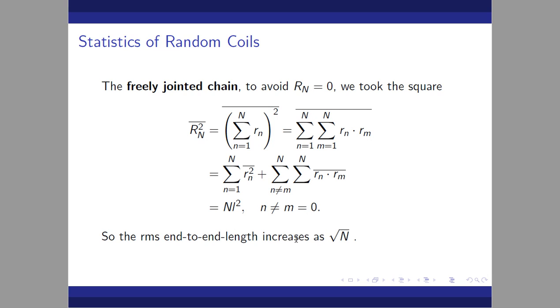Okay, so it increases as the square root of n. Okay, so we have, let's say C6. So n equal to 6, so square root of 6 equal to something. Okay, so we can estimate the end to end length of that C6 polymer.